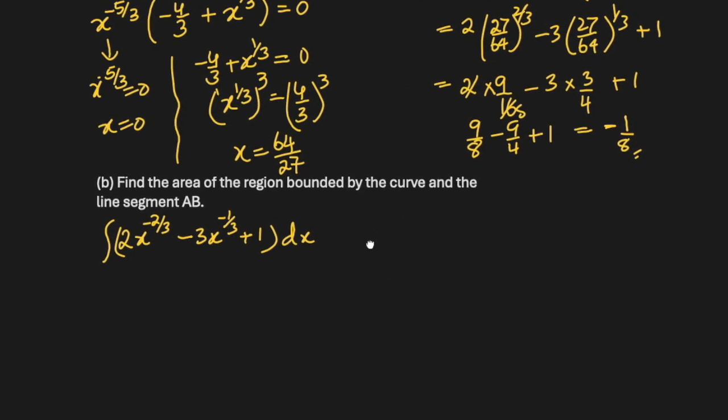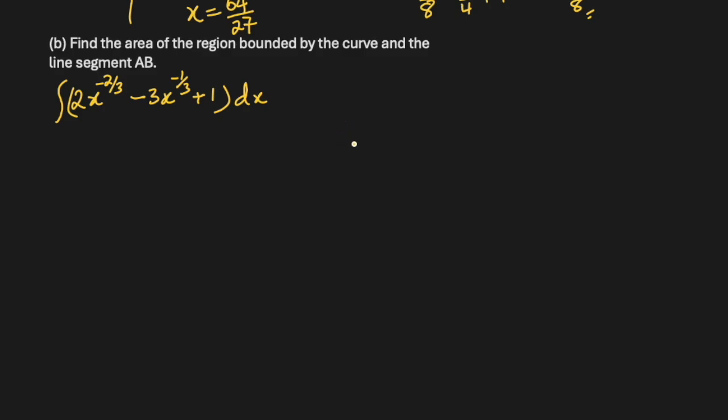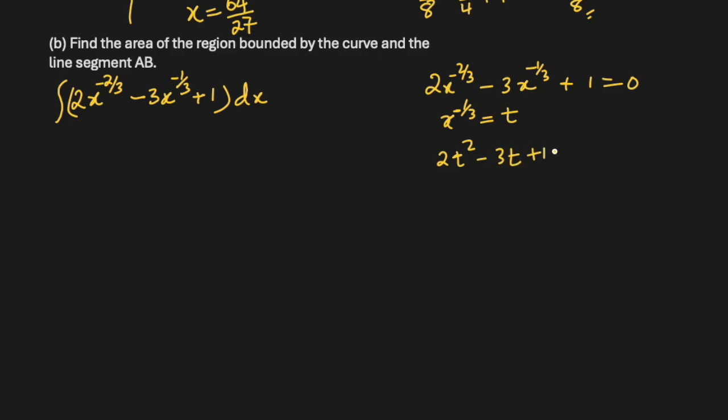That means for finding a and b, we have to find the x-intercepts of this particular function. So 2x to the power minus 2/3 minus 3x to the power minus 1/3 plus 1 equal to 0. Let's assume that x to the power minus 1/3 is equal to t. So this equation becomes 2t square minus 3t plus 1 equal to 0.